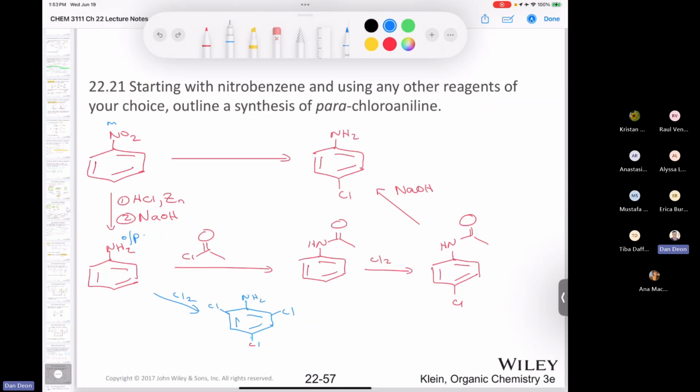So you mitigate the reactivity by putting in the acyl group, and it's still an ortho-para-director, but you only get one chlorine installed instead of a whole host. Okay, so I'd say this ring is too strongly activated. That's how I would describe that ring.